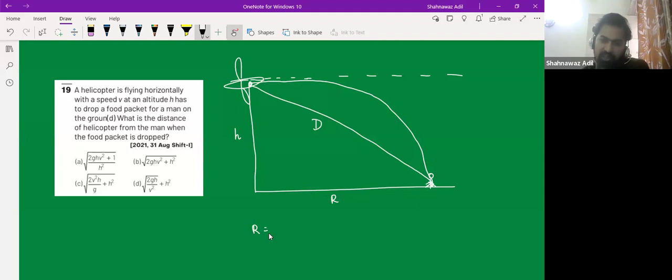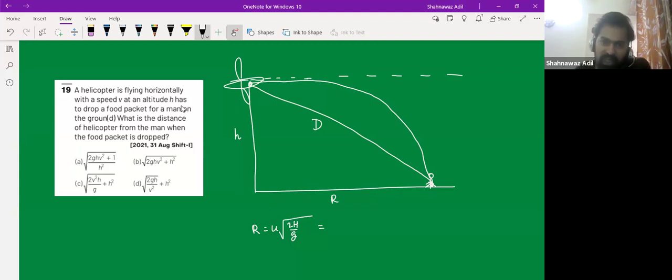Can you tell me what is r? So this was u root 2h by g, right? So what is this thing?